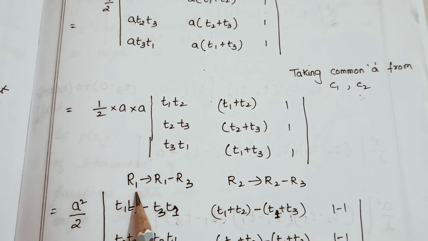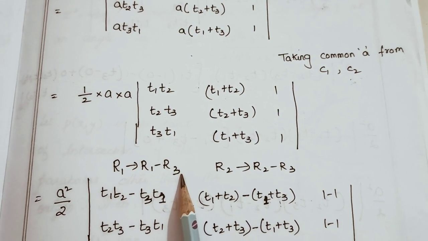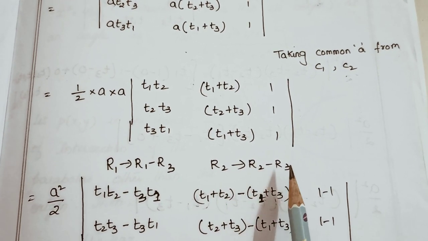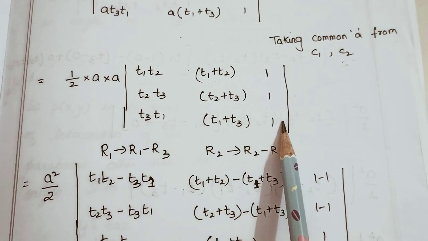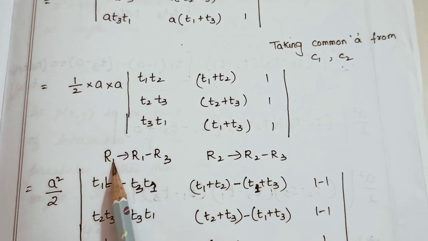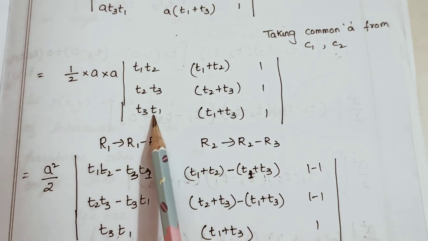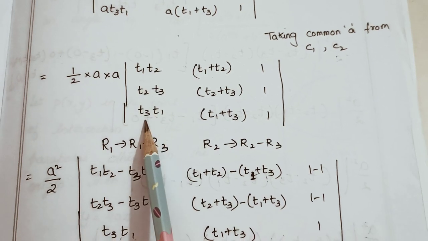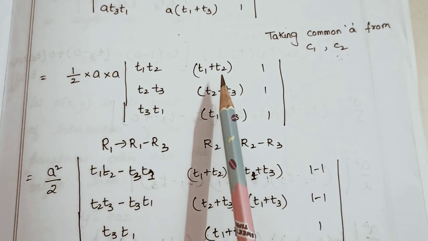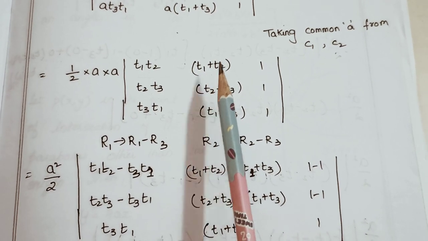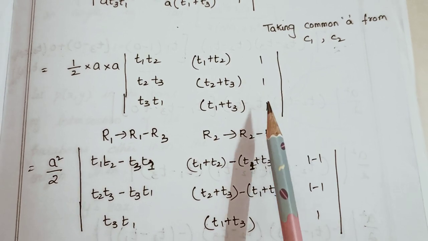Now row R1 is equals to R1 minus R3 we have to do, and R2 is equal to R2 minus R3. This is R1, R2, R3. So for R1, R1 minus R3: T1, T2 minus T3, T1. Okay, and R1, T1 plus T2 minus T1 plus T3. 1 minus 1.